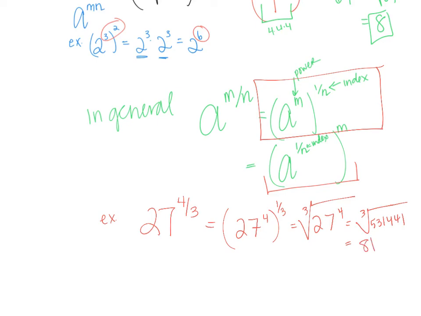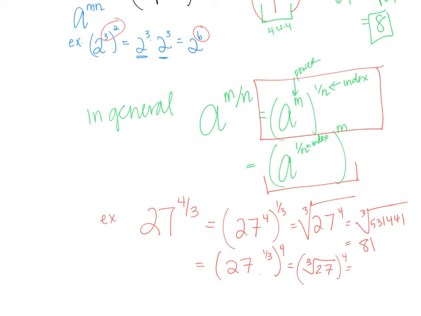But what's a little bit easier is if you take it as 27 to the 1/3, and then take that to the 4th power. So that would be looking at the 3rd root of 27, then taking that to the 4th power.